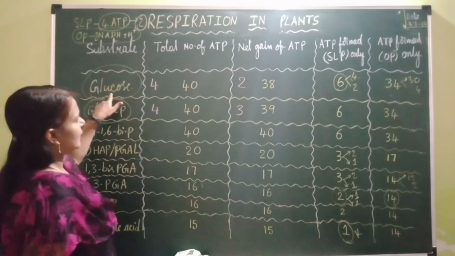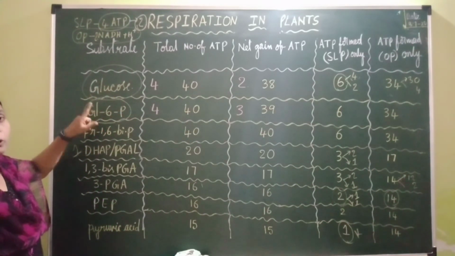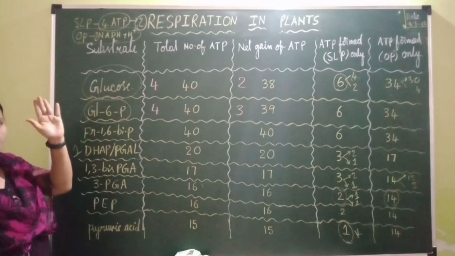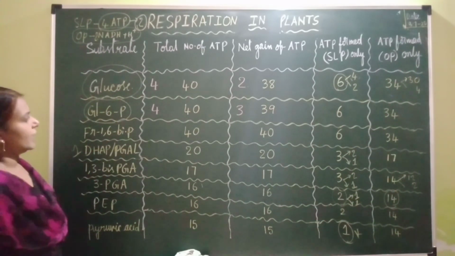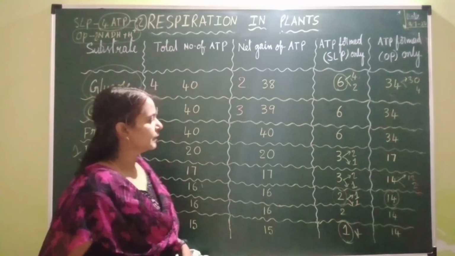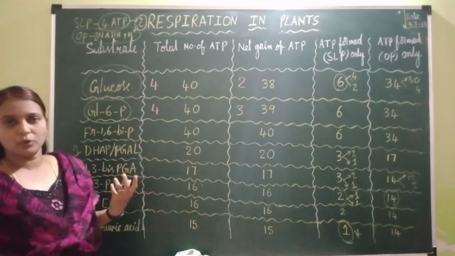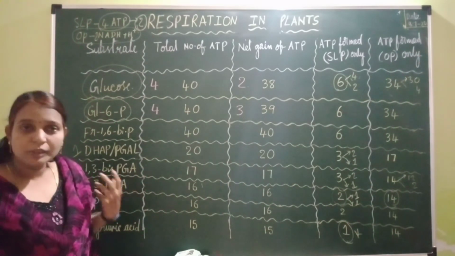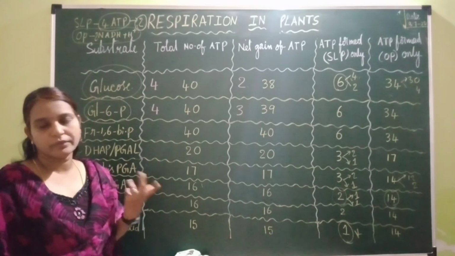So only 1 ATP is consumed when the glucose 6-phosphate undergoes oxidation through anaerobic respiration. So 4 minus 1, 3 ATPs net gain. Like this we need to calculate the questions based upon the given substrate and also upon the number of molecules of the given substrate in the question.